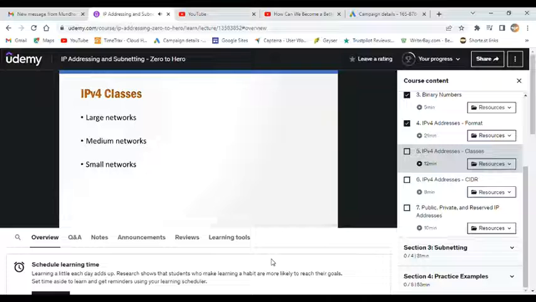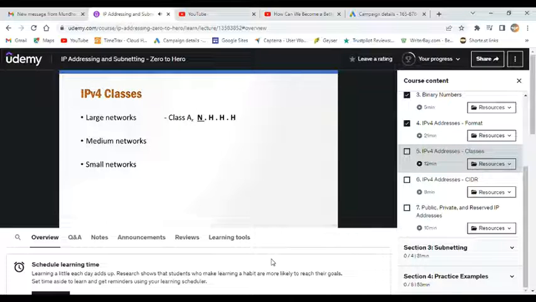So Class A networks were only supposed to be given to very large networks. And that is because in a Class A network, the first 8 bits, or the first octet, is the only octet that represents the network portion of that address. That means that there are only 256 Class A networks.